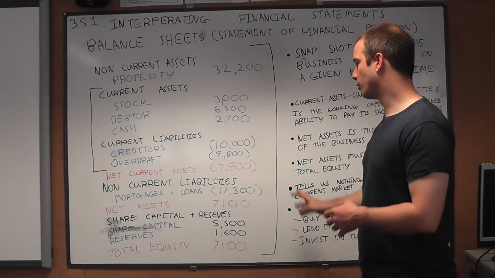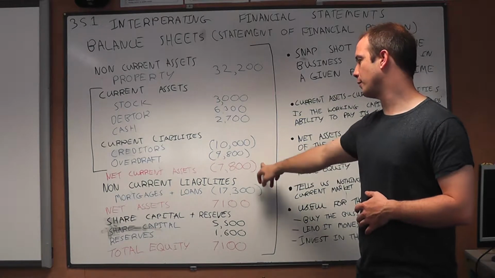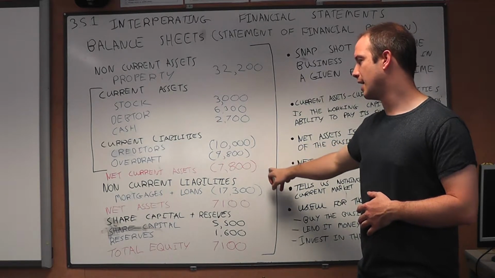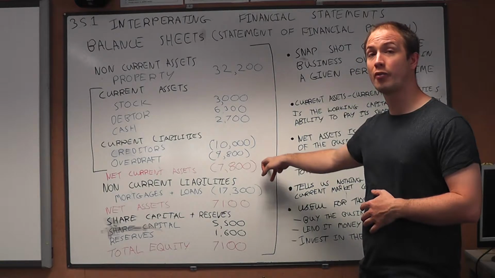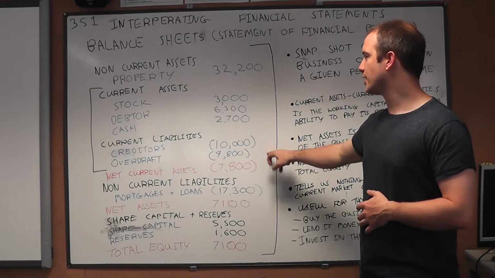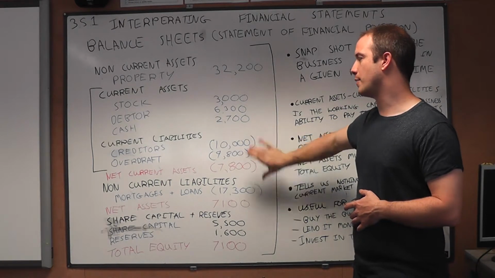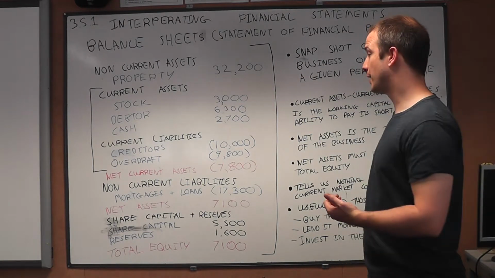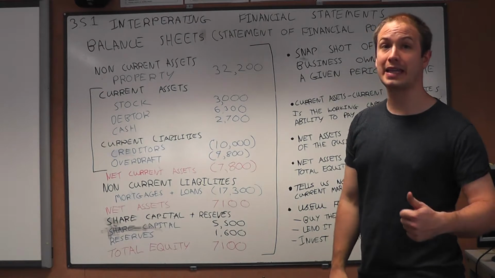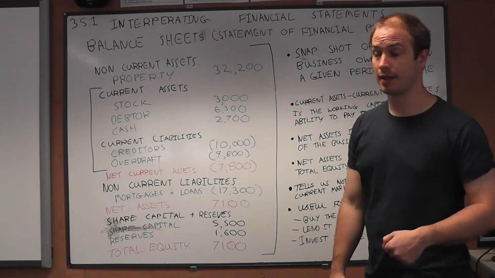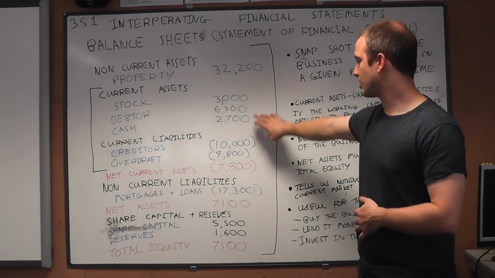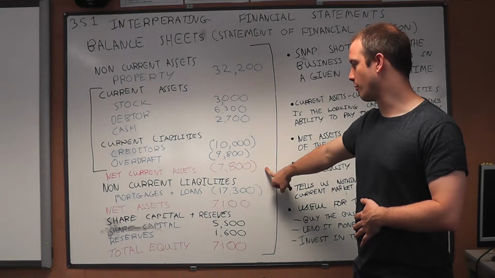Moving on from that, I've put this item in red here. This is what we call our net current assets. So this is all of our current assets minus our current liabilities. And that shows the ability of the business to pay its short-term debts. As you can see here, this number is very low.